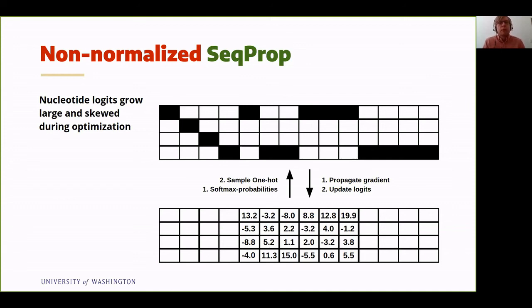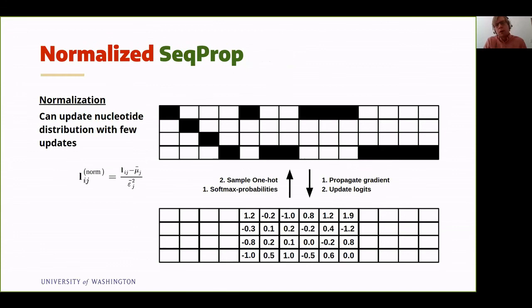The gradient descent machinery now has to try to reverse these very skewed parameters in order to let another motif enter. And this can take a very long time to do.